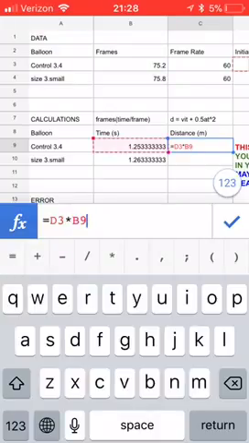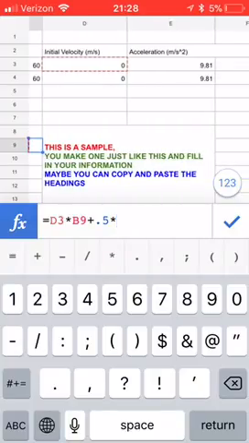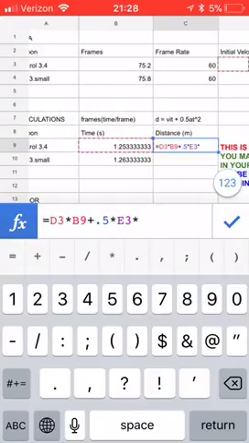So I did the VIT there, plus, don't write 1 divide 2, write 0.5 times the acceleration. The acceleration is up here in E3, so we'll touch that, times time squared.